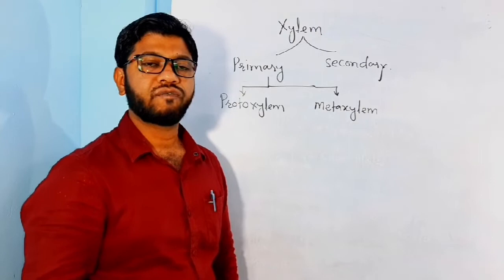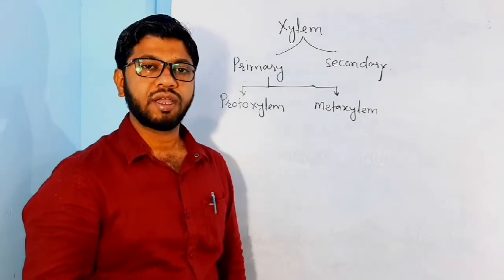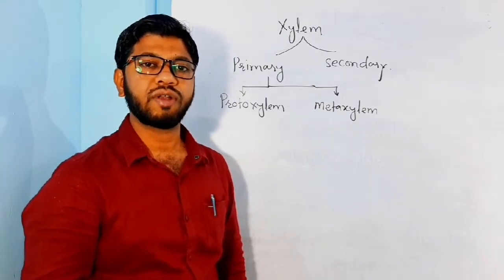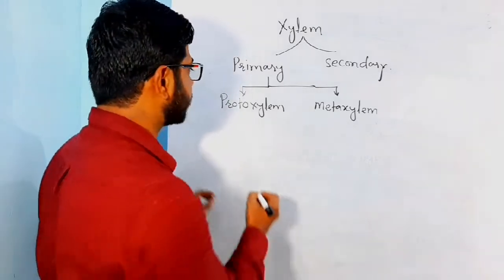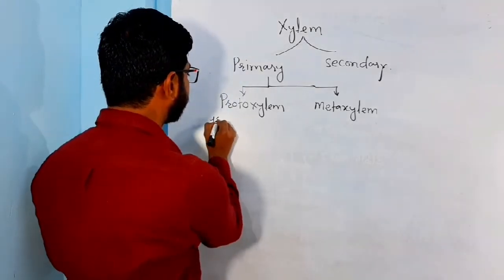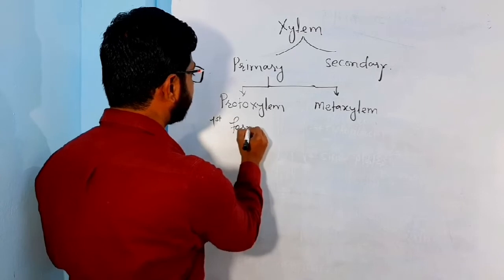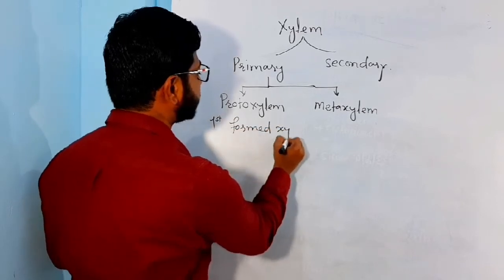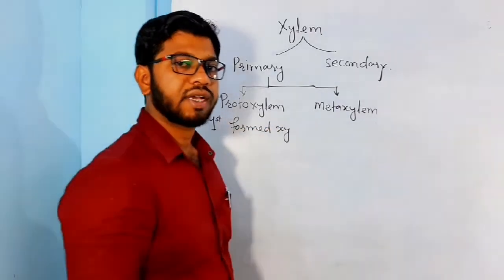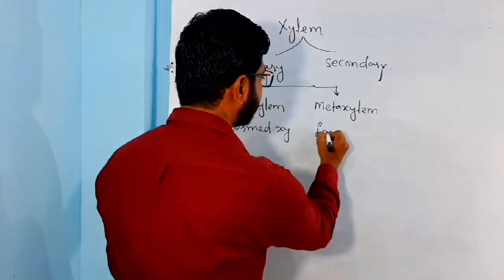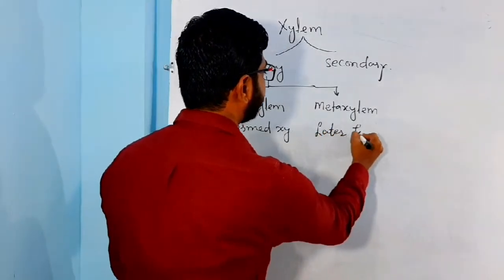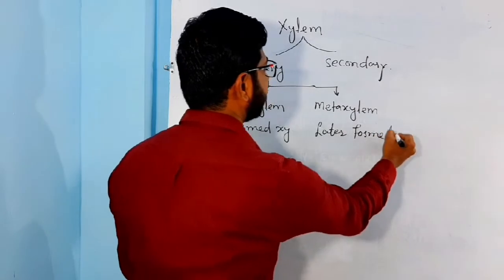Protoxylem is the first formed xylem in the early stages of life of the plant body. So this protoxylem is the first formed xylem and metaxylem is the later formed xylem.